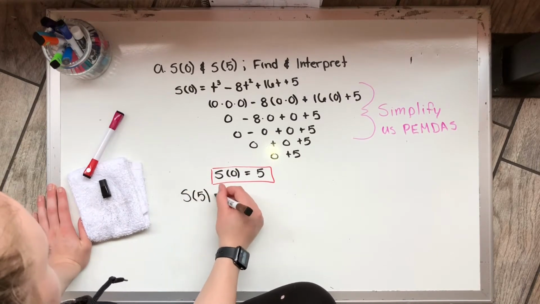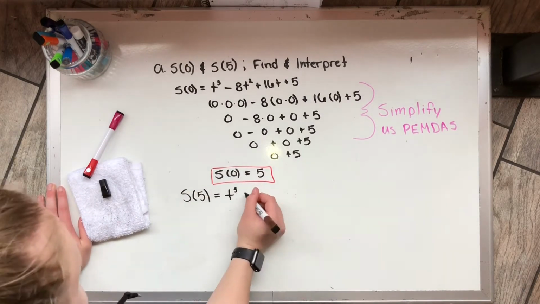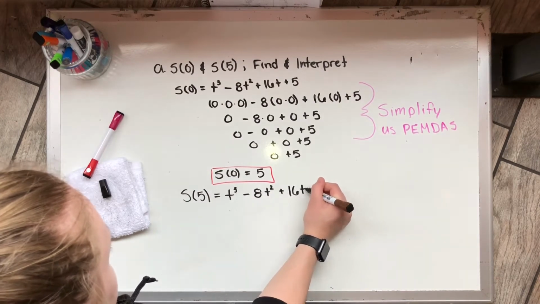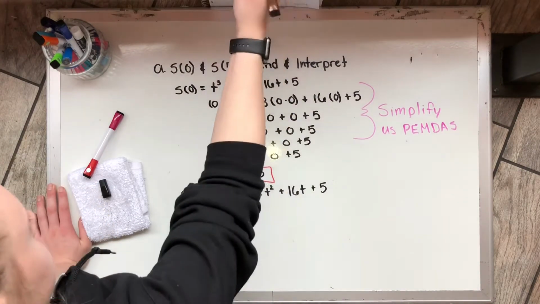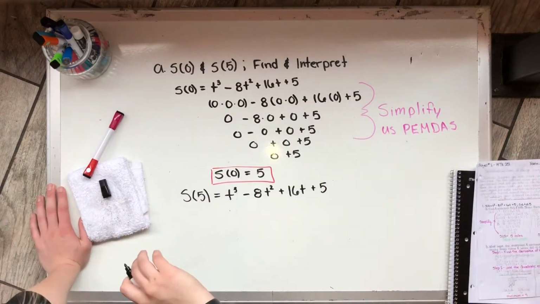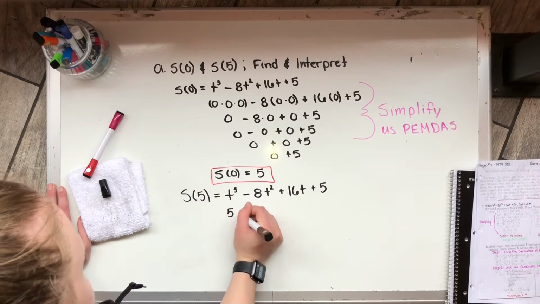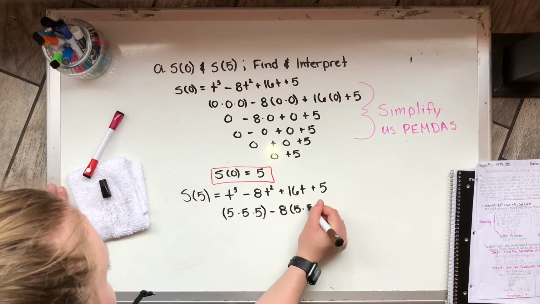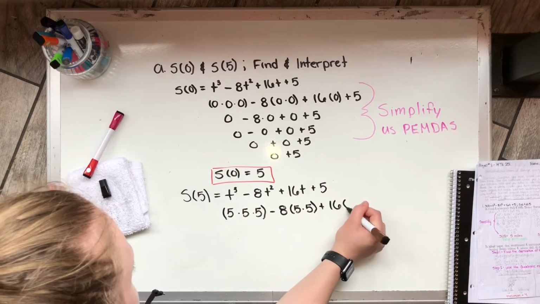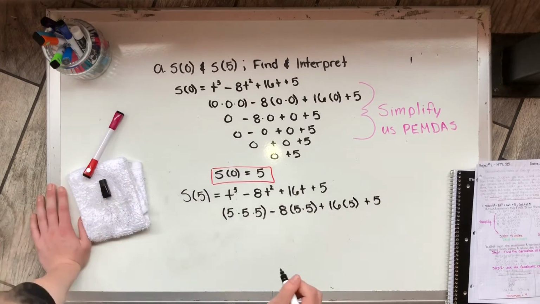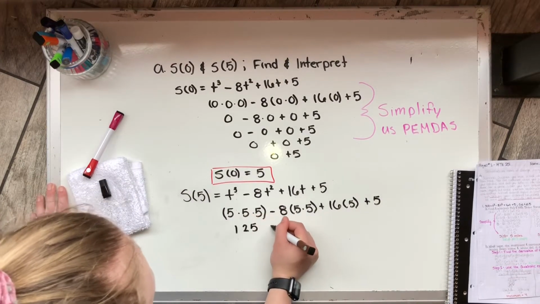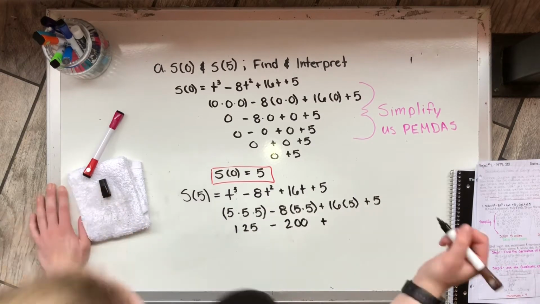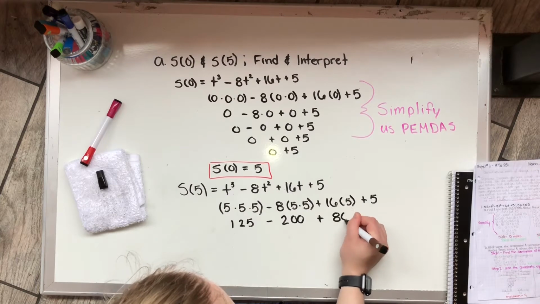And so here's our second value, S(5): t^3 minus 8t^2 plus 16t plus 5. I'm plugging in 5. And we get 125 minus 200 plus 80 plus 5.